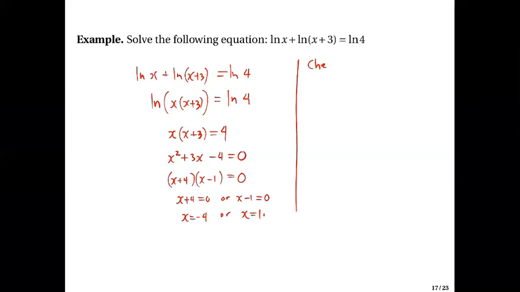So checking here, if we let x equals minus 4, so we start with this. If x equals minus 4, you will have something like ln of minus 4 plus blah. But this one here is undefined.